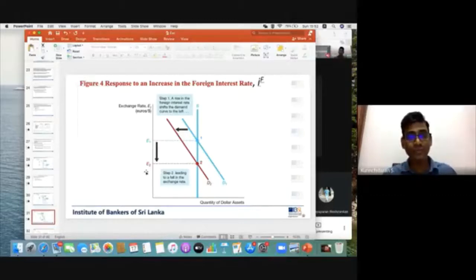Now $1 is 1.2 euro. Just an example I'm saying. So that means the value has gone down.